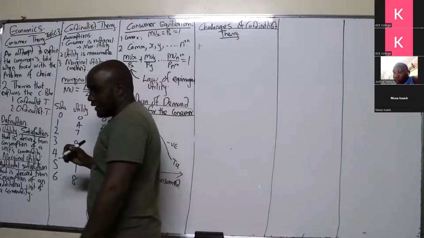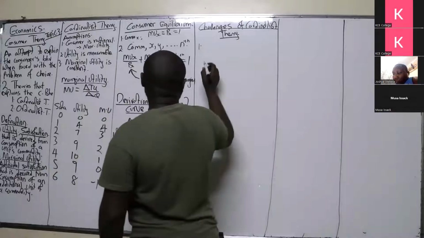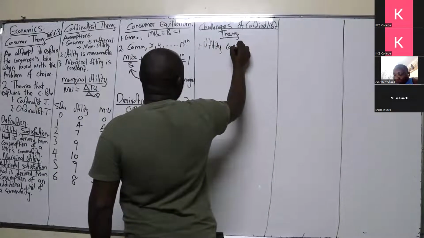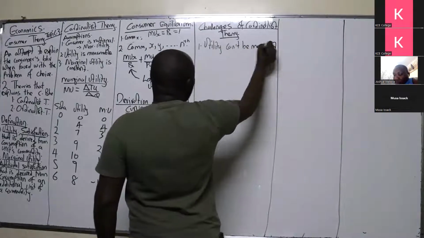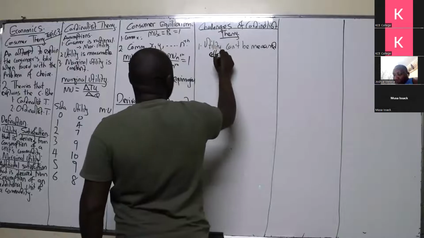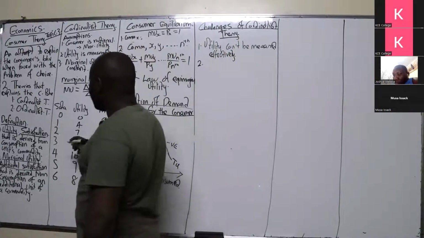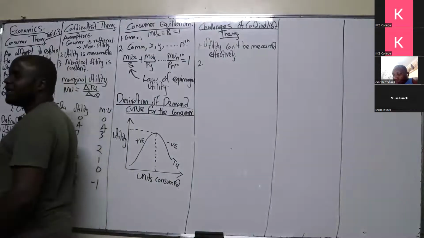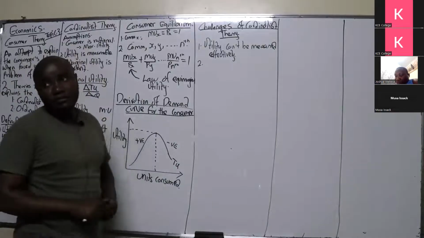Number one is that utility cannot be measured effectively. We cannot really measure the satisfaction that is derived from the consumption of a given commodity.